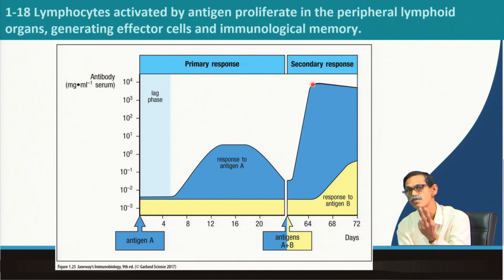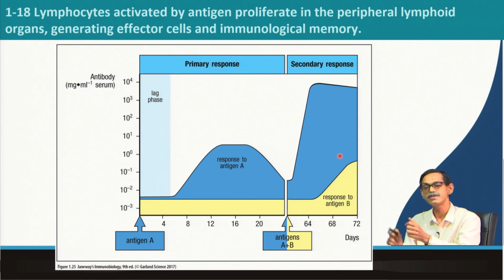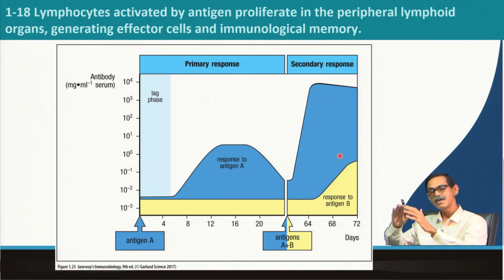There are 2 more important things that happen; one I will say now, another I will come to later during the discussion of antibody. This secondary immune response is not only quick and much more aggressive; another thing is happening. In the secondary response, the quality or the specificity of the antibody is increased.